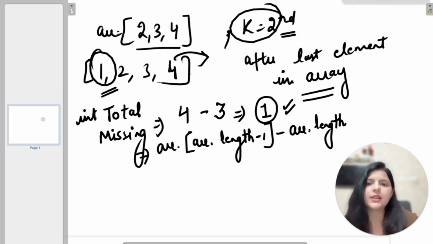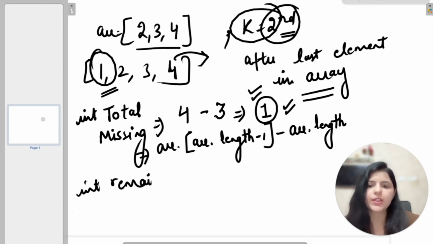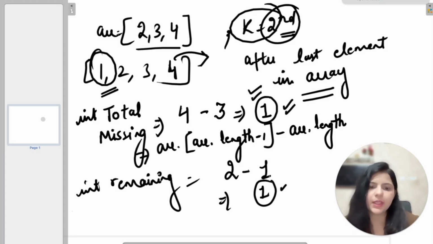That means in this case total missing numbers are 1, but we want to find the second number. That means definitely that number is going to be after the last element in the array. So how many numbers are remaining? You want 2, but you got only 1. That means one number is remaining after the last element. So what would be that number?